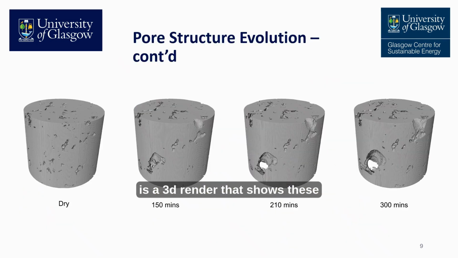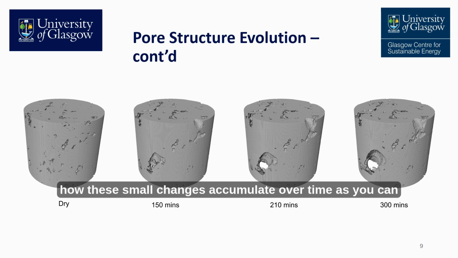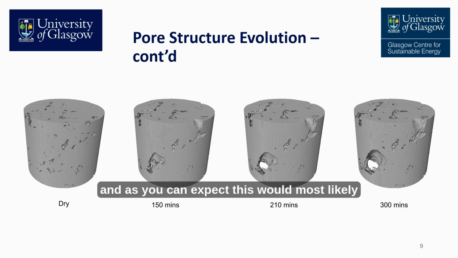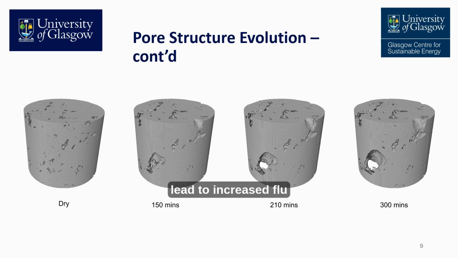This is a 3D render that shows how these small changes accumulate over time. As you can see, the pores were initially disconnected, and as the dissolution occurs, the pore structure became more connected and enlarged over time. As you can expect, this would most likely lead to increased transmissivity of fluid within the rock itself.